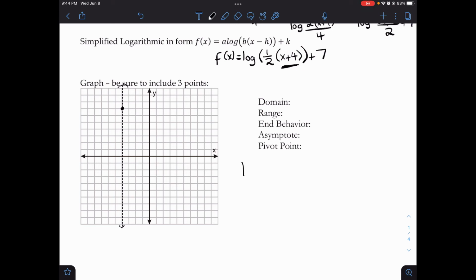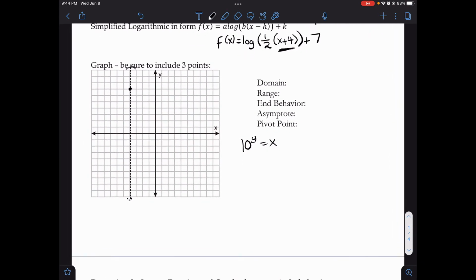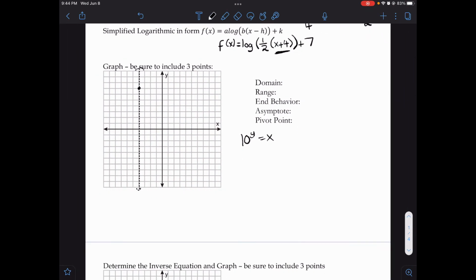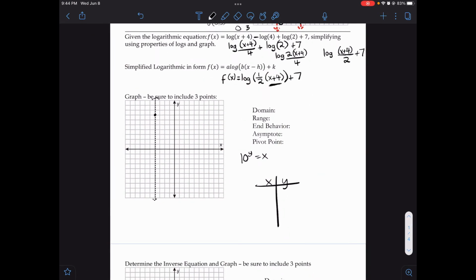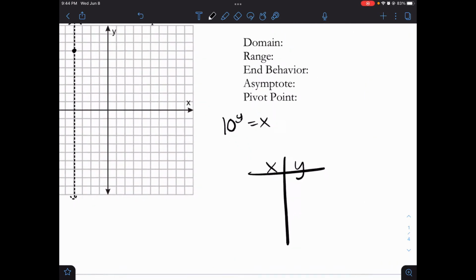I always think about it as 10 to the y is equal to x. So I think of y as my input and x as my output to make it easier on myself when I'm graphing. So let me draw a table, x and y, and let's think about what points we know are on the original, not with all these transformations, but just the log function.